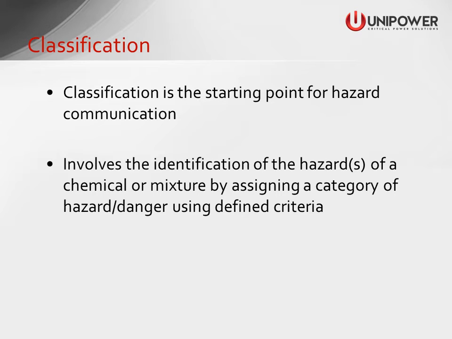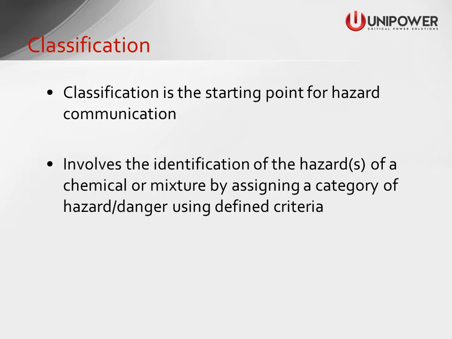Classification is a starting point for hazard communication. Chemicals are classified based on the type, the degree, and the severity of the hazard they pose. Manufacturers, under the revised hazard communication standard, are required to reevaluate chemicals according to the new criteria to make sure they're classified properly.